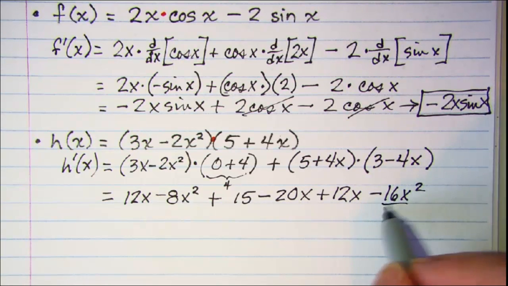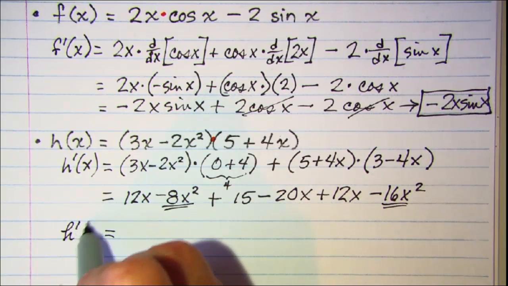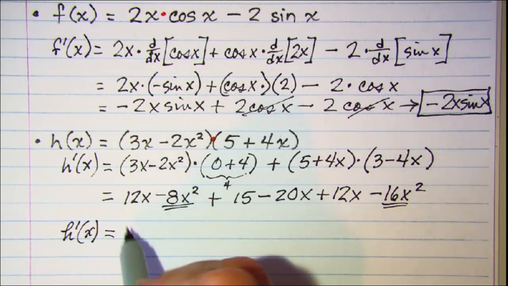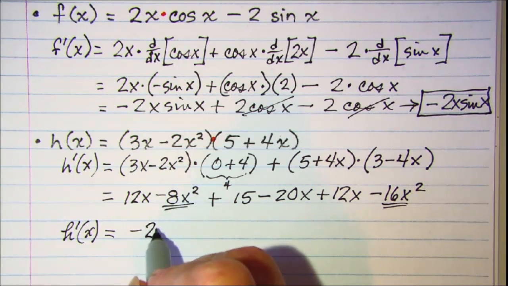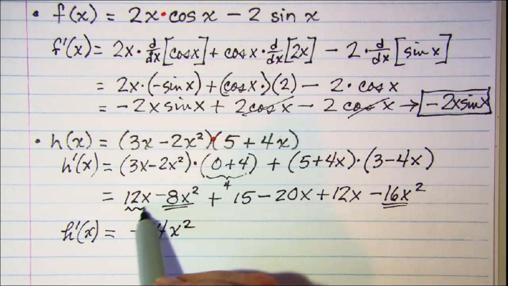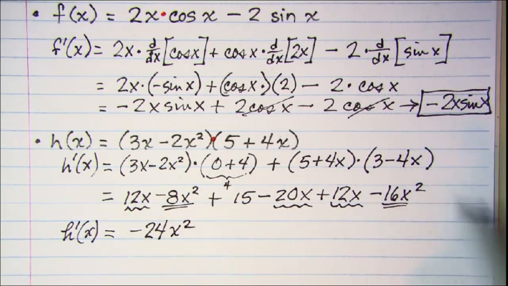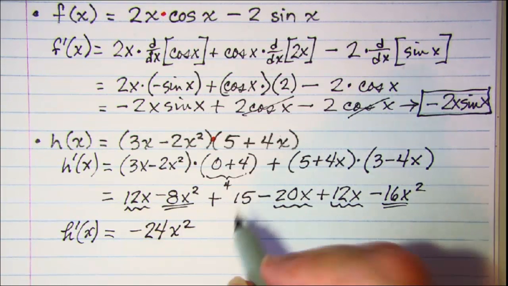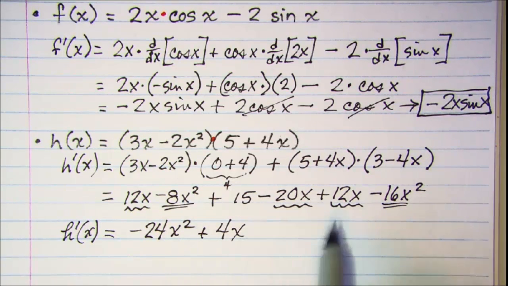We can combine like terms, and we get our derivative of h is a negative 24x squared, and the x's combine to give us plus 4x, and then plus 15.